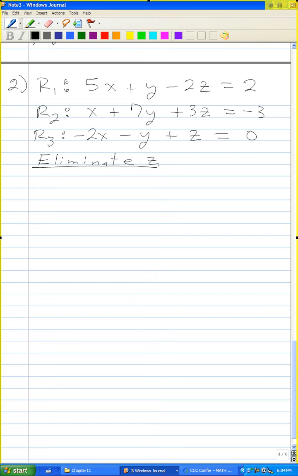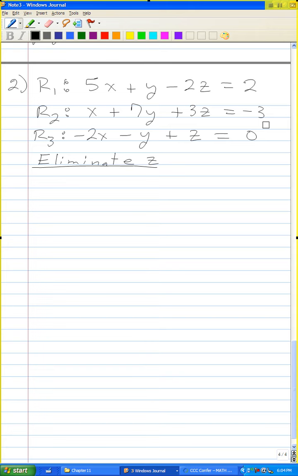So once you start to eliminate z, you must use all equations to eliminate z. And so your rule of thumb is I have 3 equations. I must use all 3 equations to eliminate z. If I don't do that, then I will go around in circles and I will not get to my answer either quickly or I may never even get to my answer.